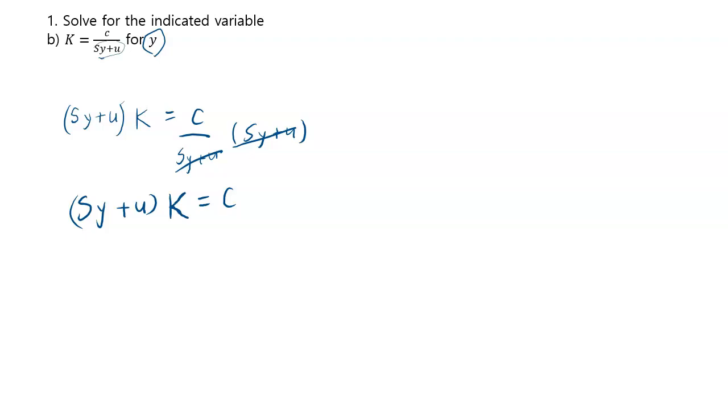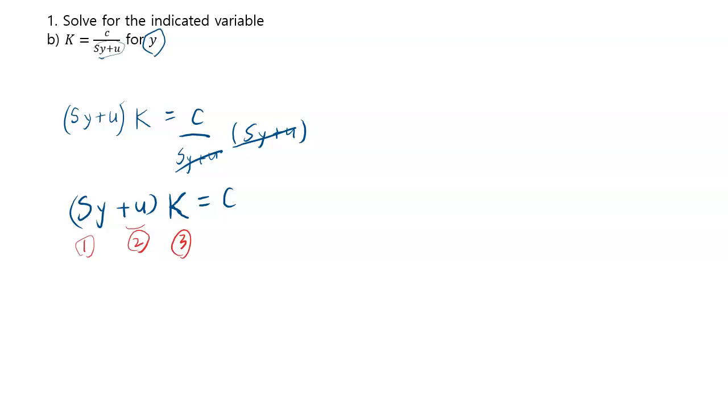Very nice. Okay, now let's try to see the order of operations. First s is multiplied to y, so that's done first, and then u is added, and then k is multiplied. So that's the last one that was done.